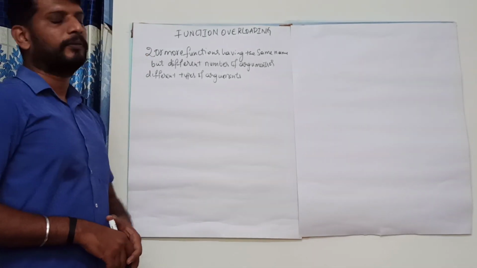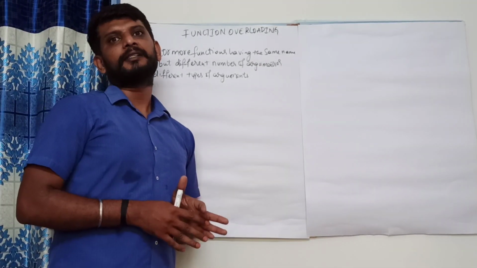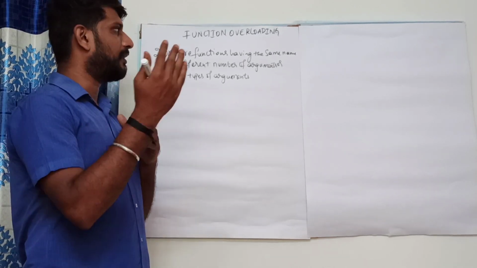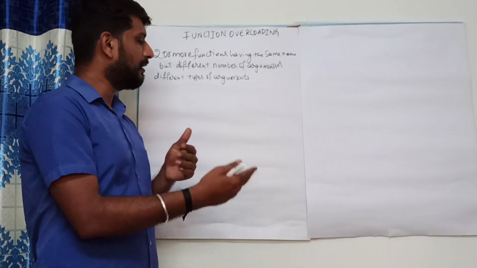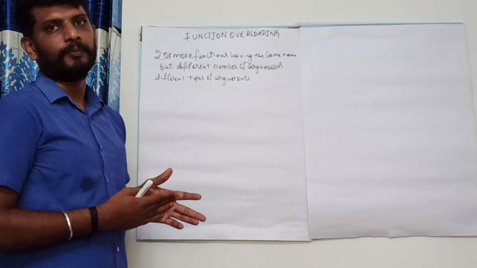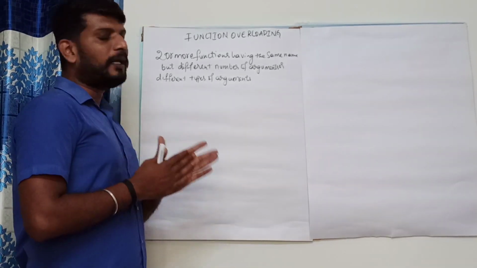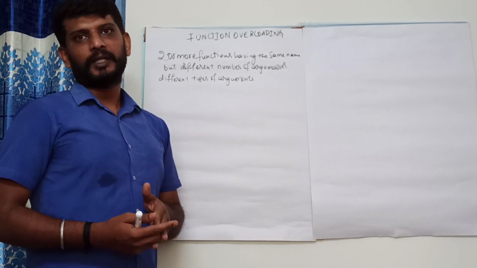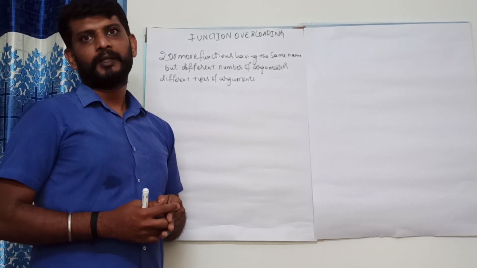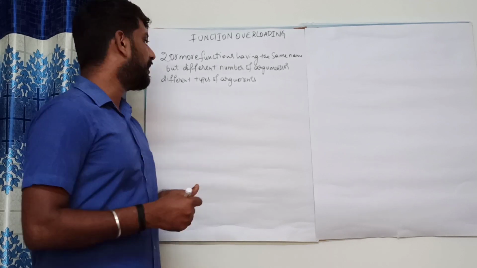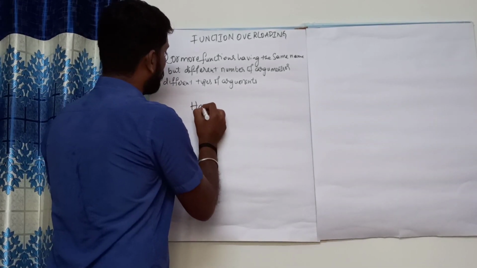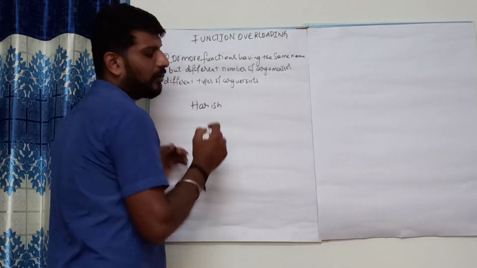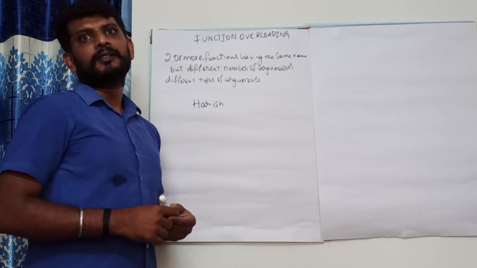Now let me take you a general example and let me relate that example to this programming topic. Let us consider in a class there are 2 different students with the same name, Harish.